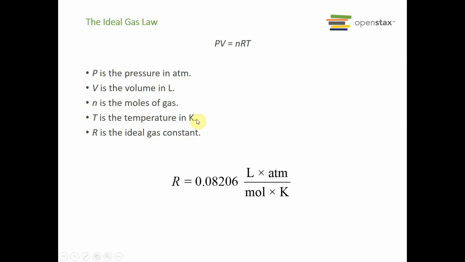T is the temperature in K. We don't use Celsius and we don't use Fahrenheit. And R is the ideal gas constant. R equals 0.08206 liter atmospheres divided by moles Kelvin.